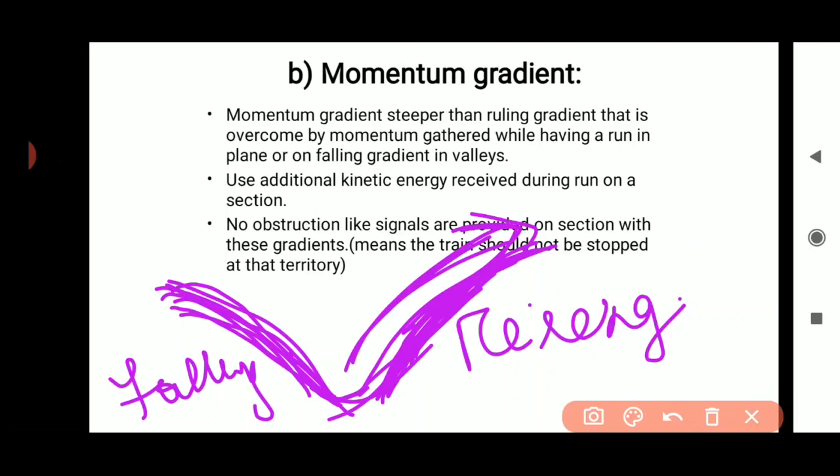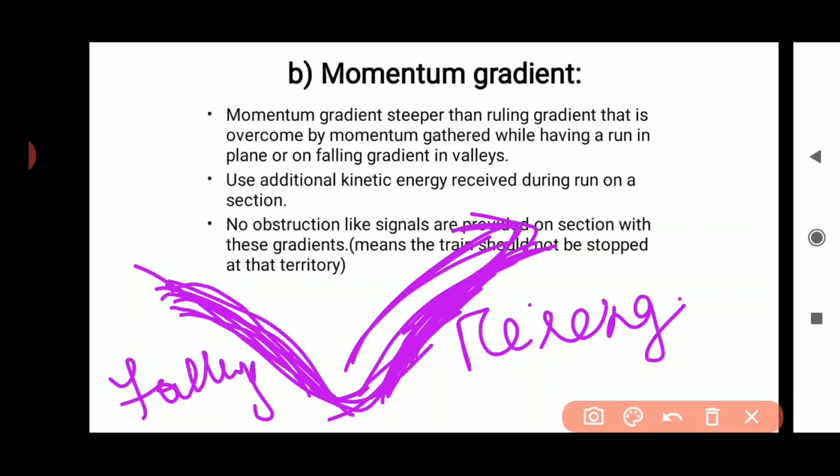One condition is there: there should be no stoppage and no signal in between these gradients. In between this falling and rising gradient, there should be no stoppage, no signal. The locomotive should not be stopped in this territory.